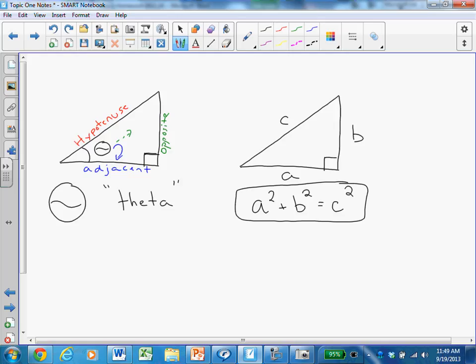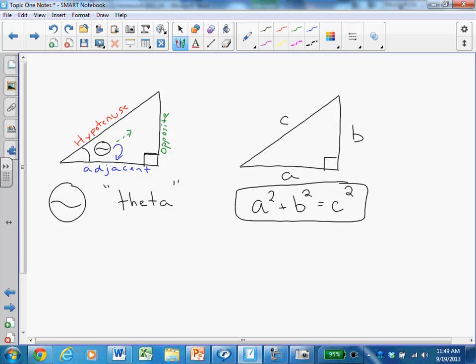So with the ratios of the sides of this, in this formula, we can do a lot with vectors. We can do components. We can sum them. We could take different vectors, find their components, add their components together, sum all the components in the x, sum all the components in the y, put them together and find the overall resultant.